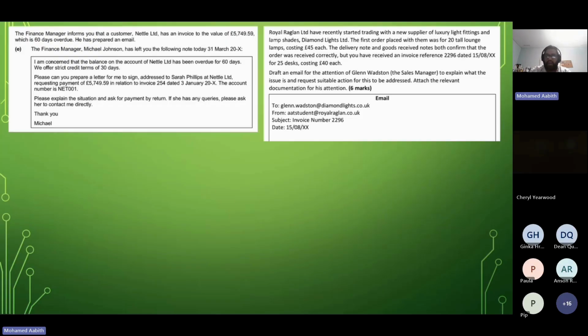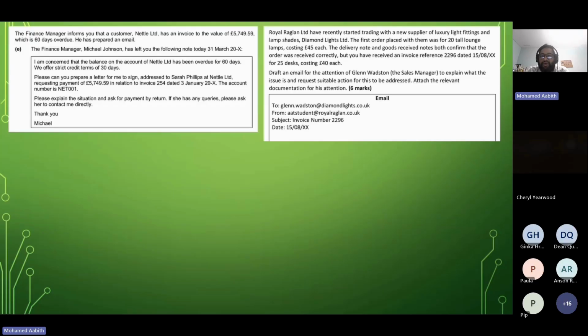On the next part, Royal Raglan Limited has recently started trading with a new supplier of luxury light fittings and lampshades, Diamond Lights Limited. The first order with them is for 20 tall lamps, £45 each.